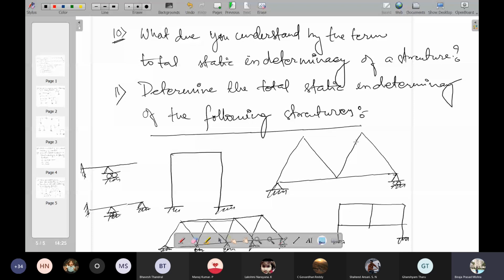So question number 12 is, what do you understand by the term kinematic indeterminacy of a structure?